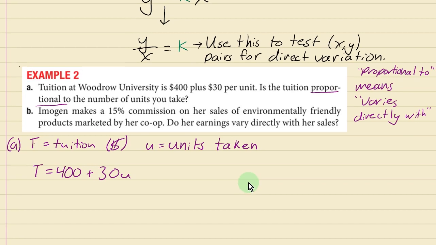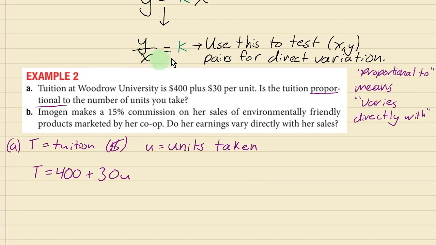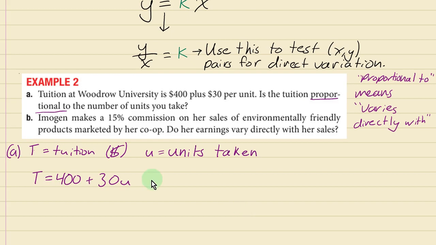So we got that. You might be able to tell right now, this does not look like t equals just a number times u, because it has the 400 there. If it was just t equals 30u, we'd say yes. But let's actually check that this doesn't work. How does the 400 mess up this proportionality thing?